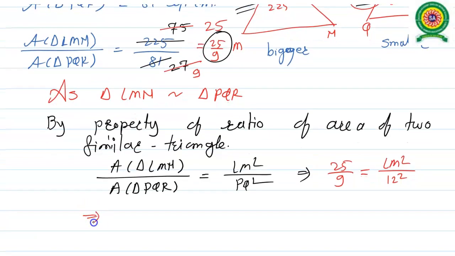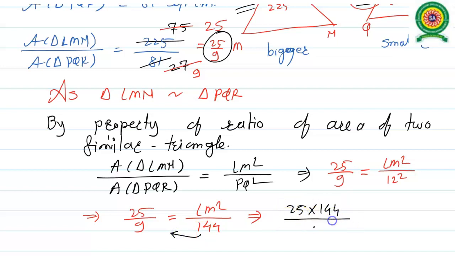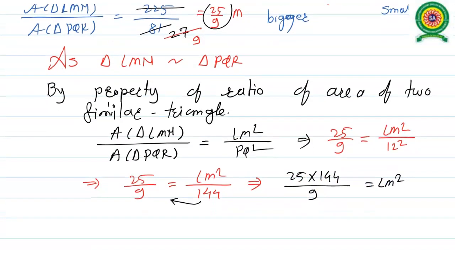After simplifying, 25 divided by 9 equals LM square divided by 144. After shifting the 144, we get 25 into 144 divided by 9 equals LM square. No need to find 25 into 144.